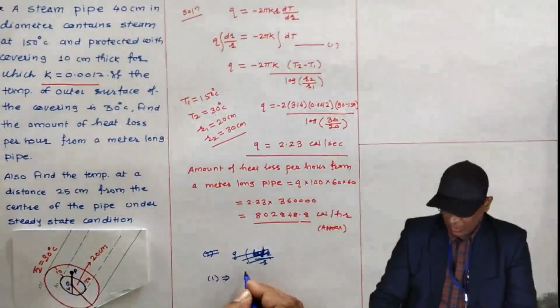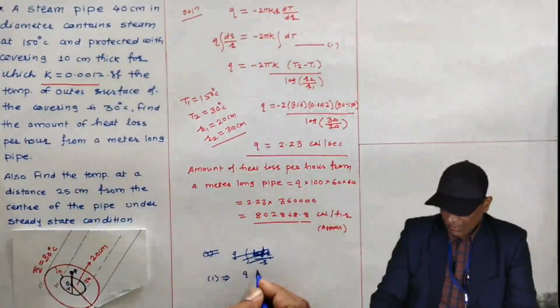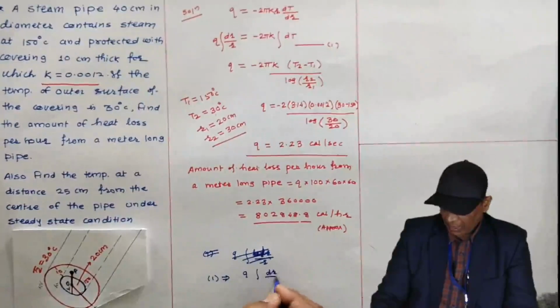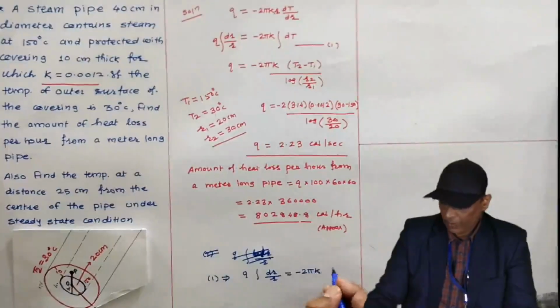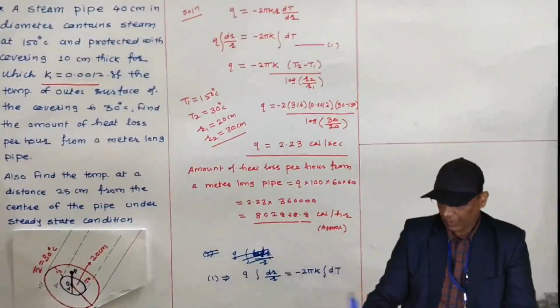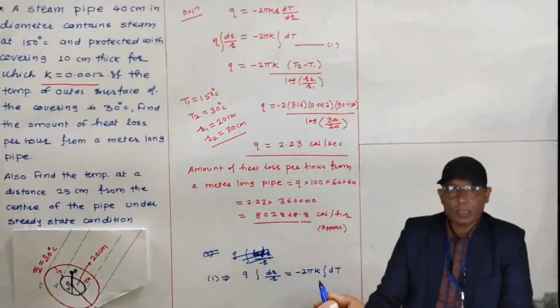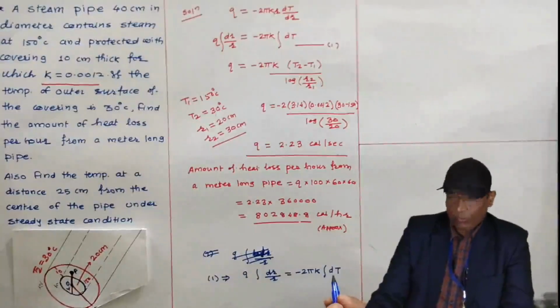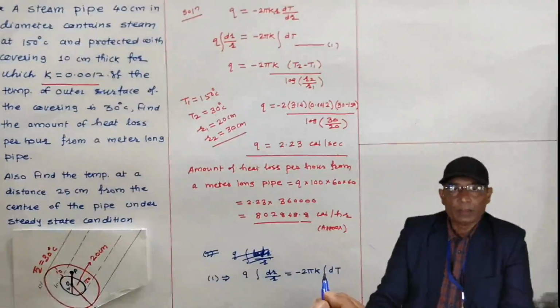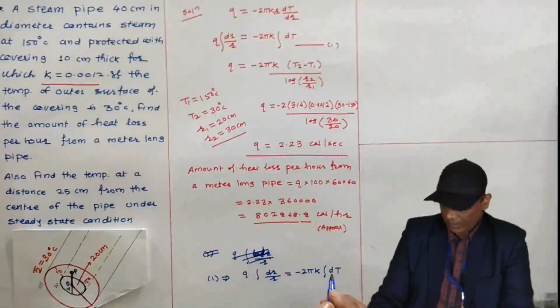Equation 1 is Q multiplied by integral dr by r equals minus 2 pi k dT. This is available with us. Now, what we have to find? The temperature at R equal to 25 we have to find.